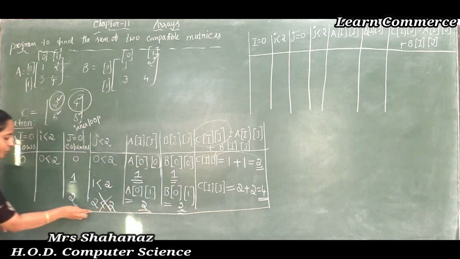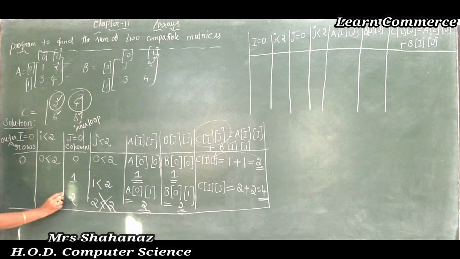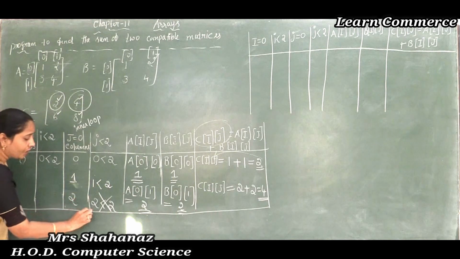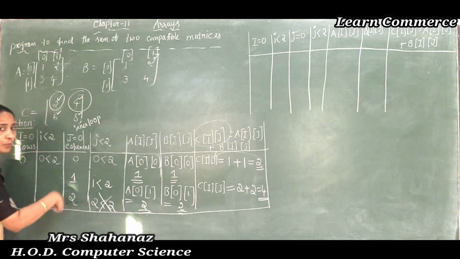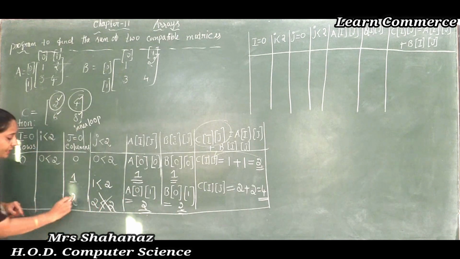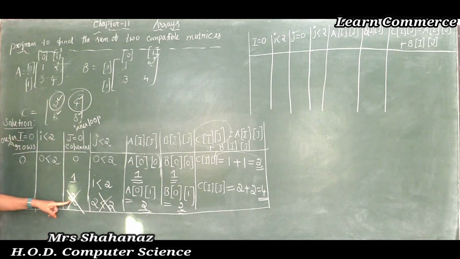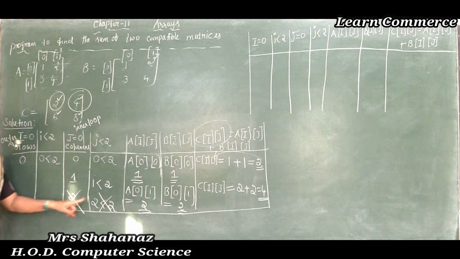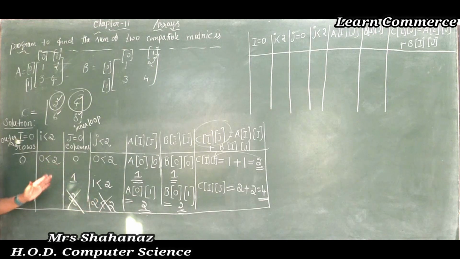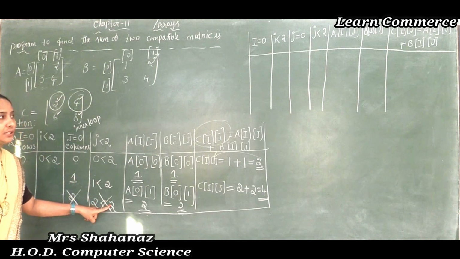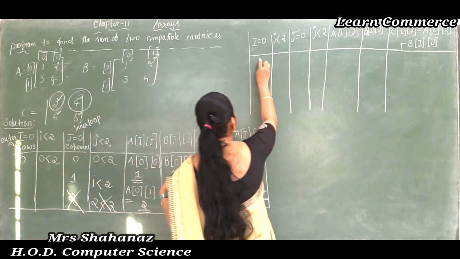Clear this? We need to stop the solution, so later I am not going to move forward, okay? Because the condition is false, we don't take the j value as 2 here. That means the condition is false. Clear this point? Later, if the condition is false, which value needs to increment?